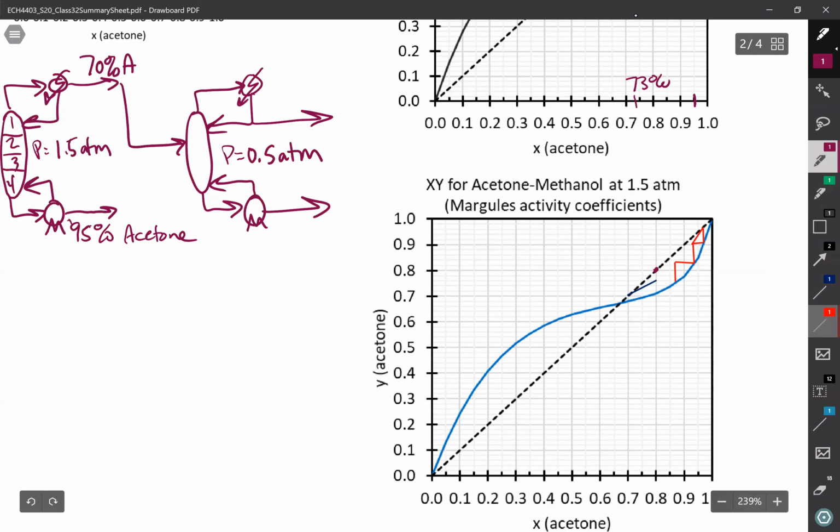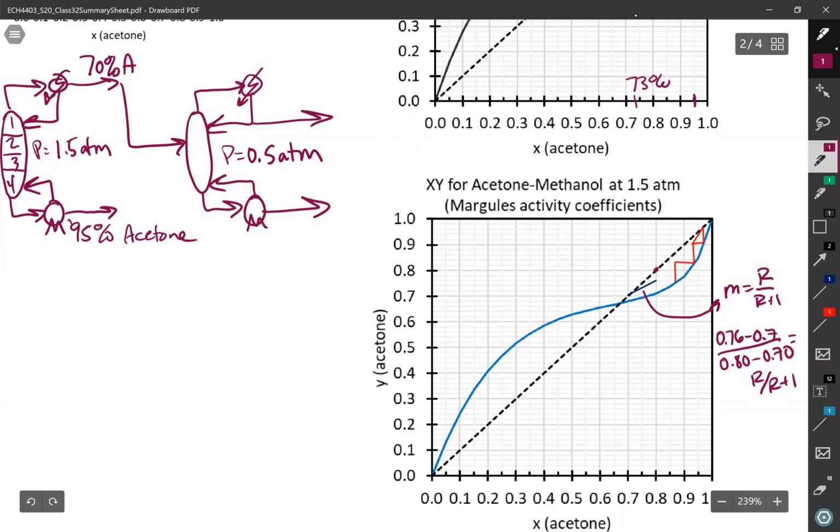And remember that the slope of this line, M, is equal to R over R plus 1. And what is my slope? It looks like the slope is, let's see, 0.76 minus 0.7 over my run, so 0.80 minus 0.70. And that is equal to R over R plus 1.